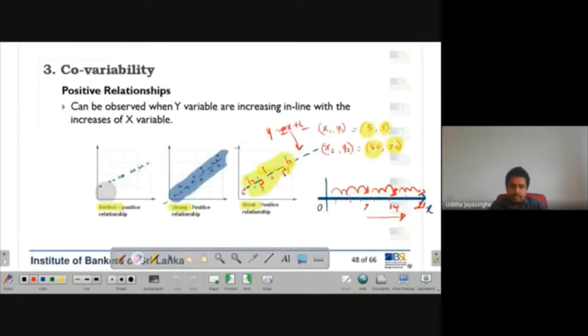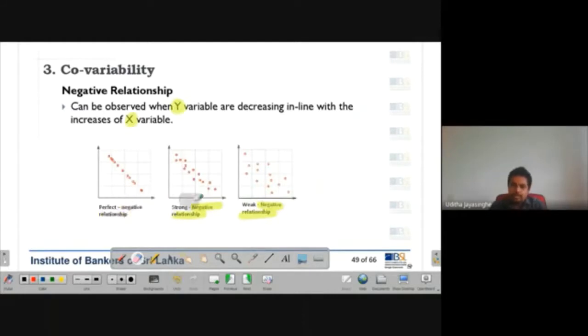Let me erase them and show you. Once you look into these scatter graphs, by just eyesighting, you can jolly well come to conclusions saying that this is a perfectly positive, weak positive, but this is not going to be sufficient, isn't that so? In statistics and mathematics, we can't really be relying on a graph, but rather we have to come to an equation to understand this strength.